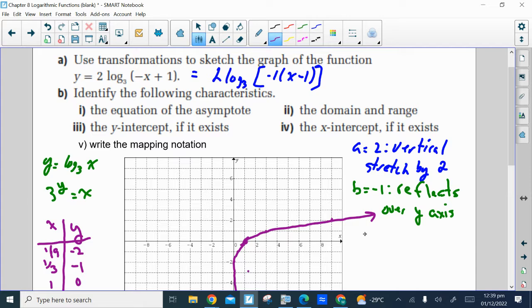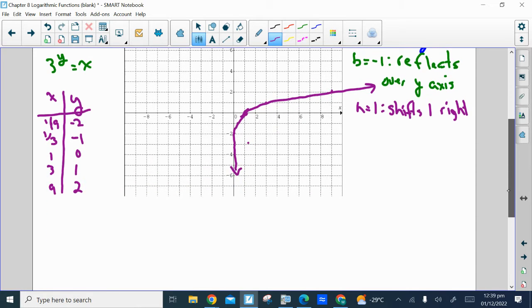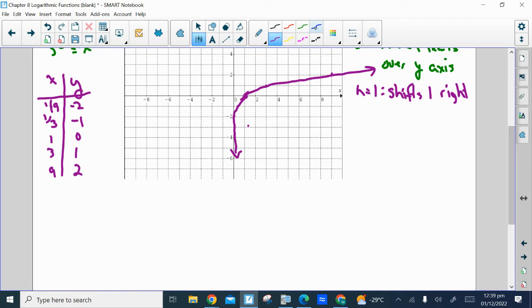And then we have an h value of positive 1, which is going to cause it to shift 1 right. So, like we did before, let's set up a table here. The original points come from y equals log base 3 of x.